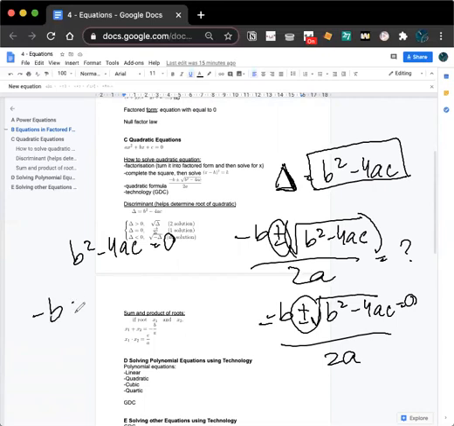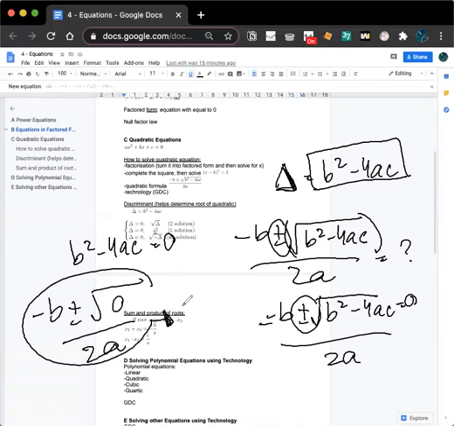Then this results in minus b over 2a, and this is going to be your only x solution for the quadratic equation, because there's no more plus minus options.